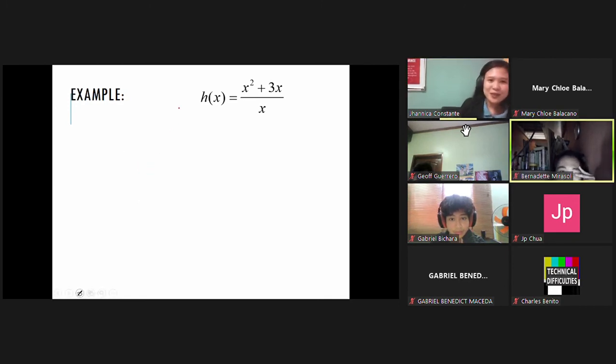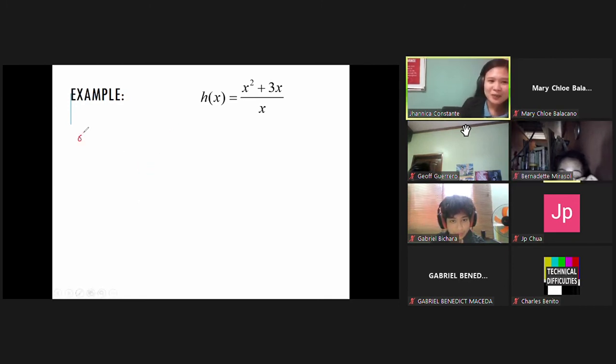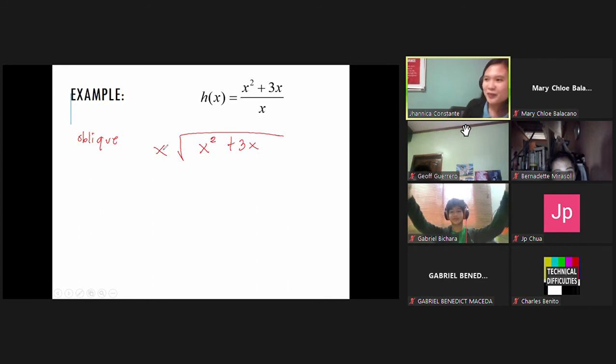We're going to have an oblique. So let's find the oblique asymptote of our function. We're going to divide x squared plus 3x divided by x to find the oblique asymptote of our function.